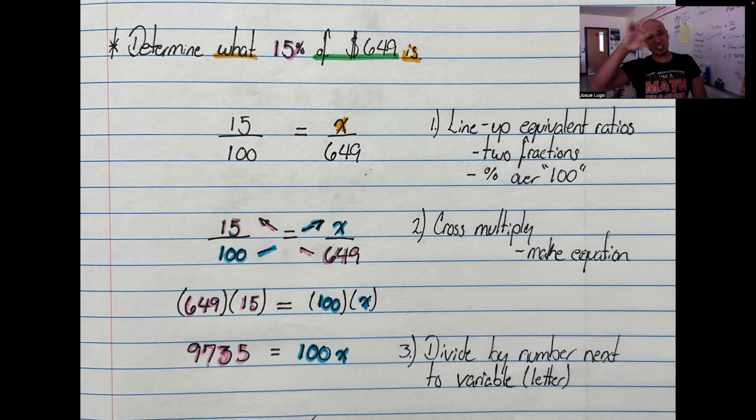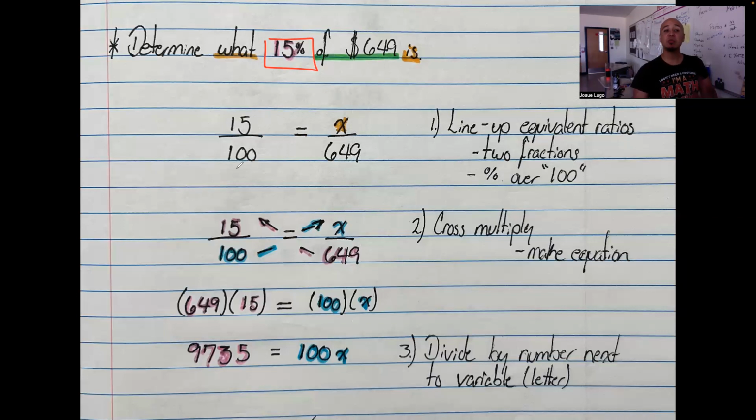However, right above the price, it says 15% off. Now, some people might think, doesn't that mean we take $15 off of $649? No, it's not $15, it's 15%, which means that I first need to figure out what is 15% of 649.